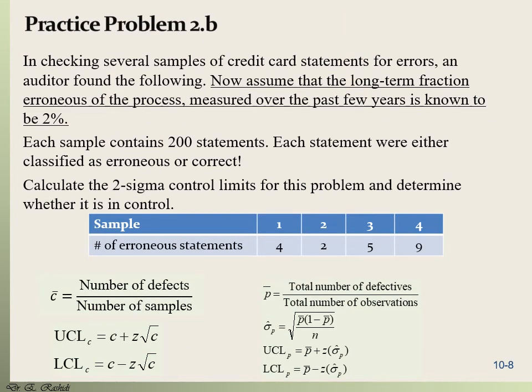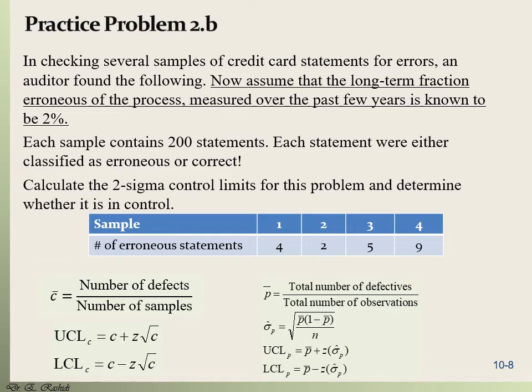This is the part B or version B of the same problem as we solved before, except that we now assume that the long-term fraction of erroneous statements of the process, measured over the past few years, is known to be 2%. That means that we know based on the experience, based on the past data, that the percentage of erroneous statements is 2%.